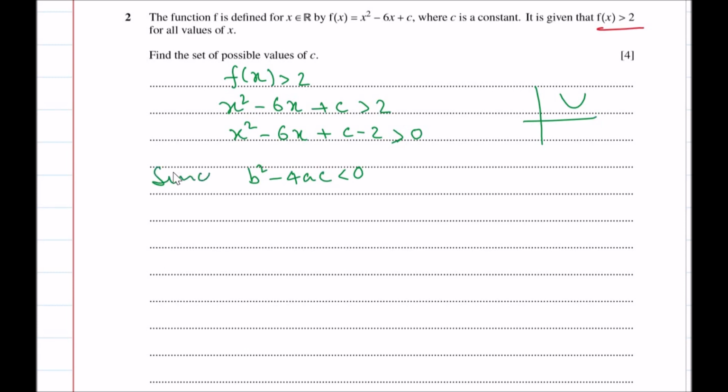Since b square minus 4ac is less than 0, so what is a here? Let us write a equal to 1, b equal to minus 6, c equal to c minus 2. Now let us substitute the values. So b equal to minus 6, so put minus 6 square minus 4 into a is 1 into c is c minus 2, and that is less than 0.